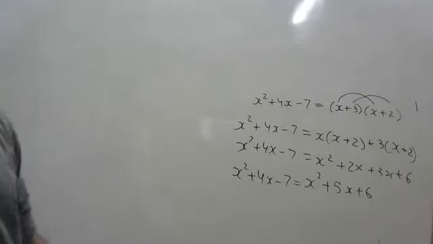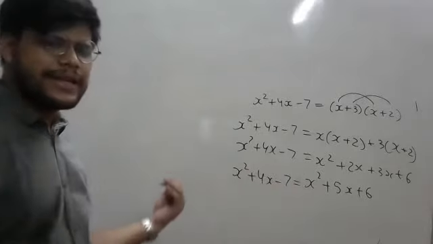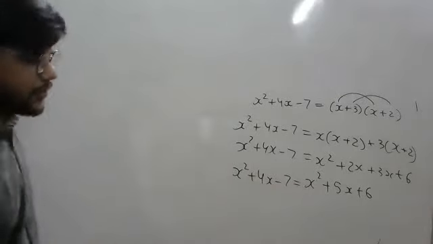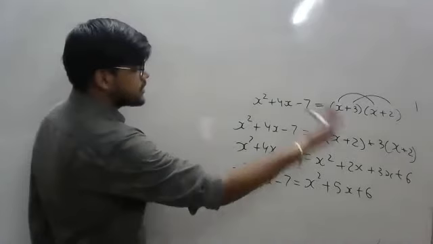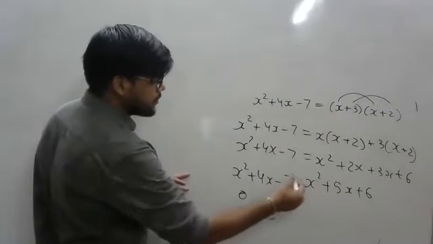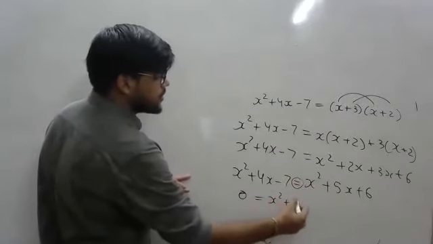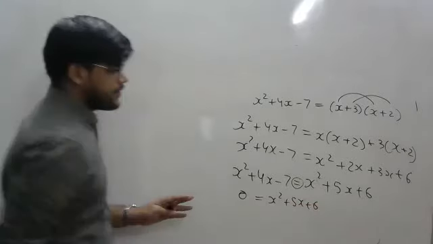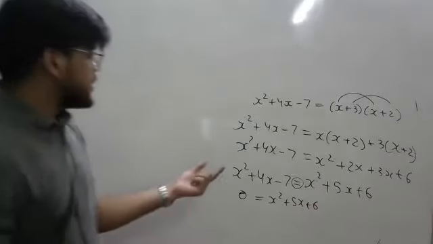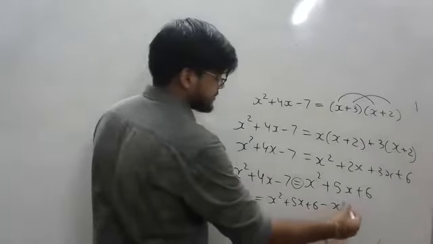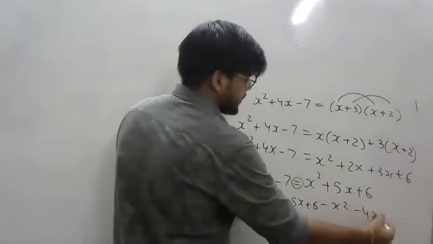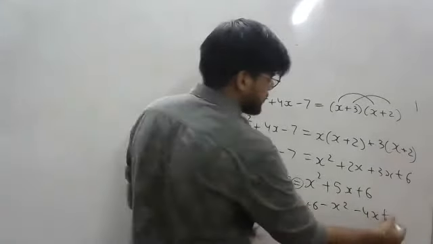Now you have to simplify. You have to take all the terms on either the left side or the right side, whatever you prefer. That would be up to you. If I take all the terms on the left hand side of the equal sign, the terms which are already there will be as they are. This x square will become minus x square, plus 4x becomes minus 4x, and minus 7 will be plus.